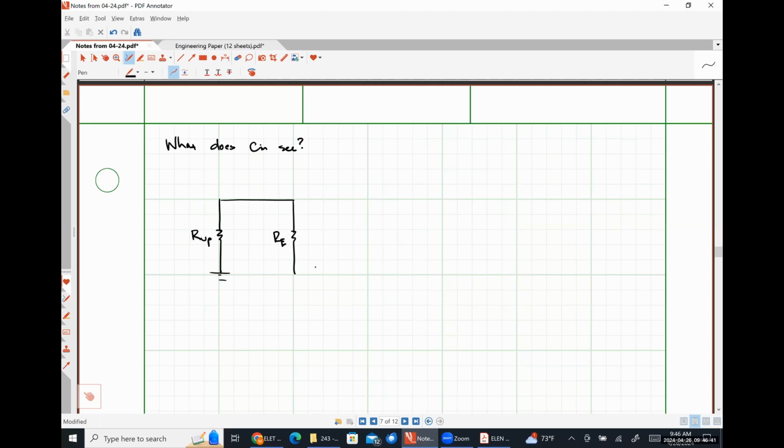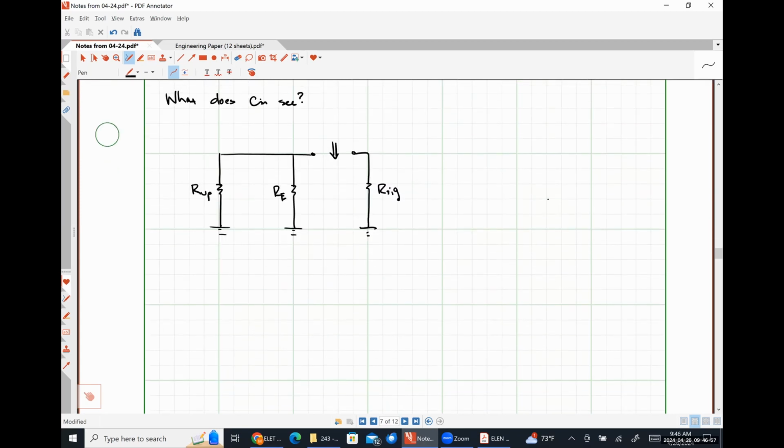Here's RE. Here's where my capacitor is and where I'm looking into. And then here's R sig. So RCin is nothing more than R sig plus RE in parallel with R up. And so what I'm going to do now is look through my 335 notes and find out what R up is.